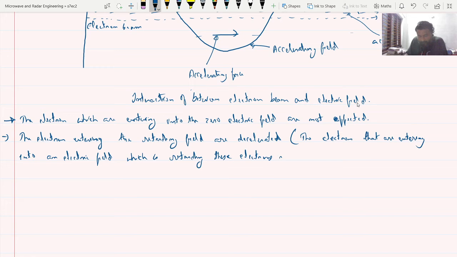In the sense of what I am explaining, the speed of such electrons gets reduced. I think it is clear.